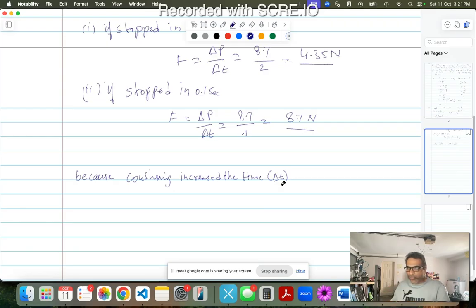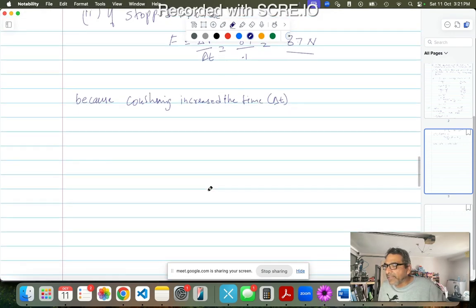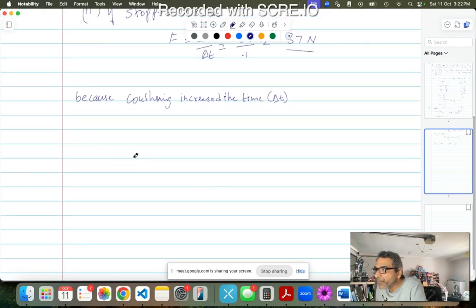take an example: this is a straight wall, and this is a car which we want to impact here. Without the cushioning, it will hit directly.